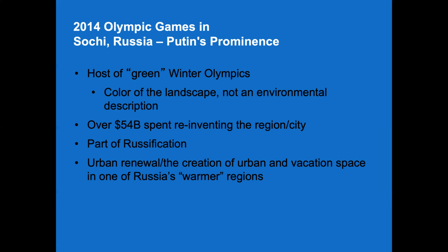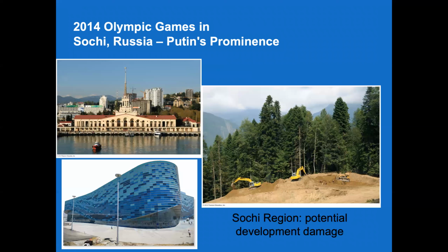It's sort of like a big, giant urban renewal project for which they spent $54 billion, which is pretty impressive. Again, potential development taking place, turning this into an area of tourism that would last long past the Olympics.